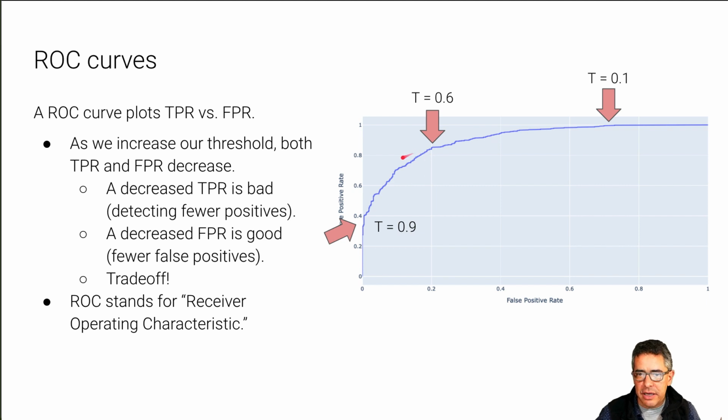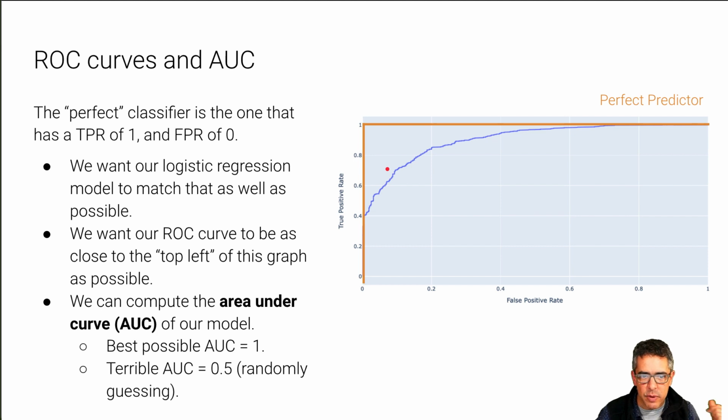But ideally, the shape of the curve that we would like to have is this one for a perfect predictor. So again, we can compute the area under the curve for our real model and compare it to the area under the curve of the perfect case, which would have an area of 1.